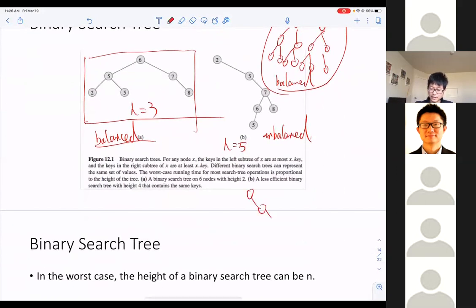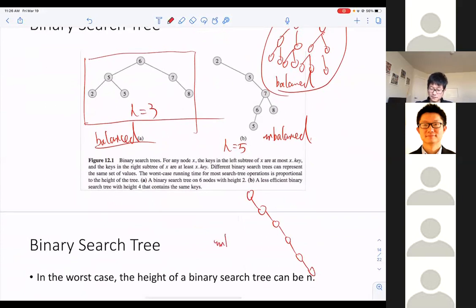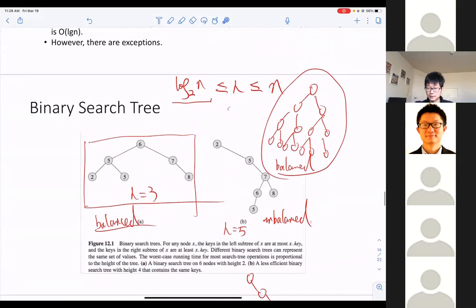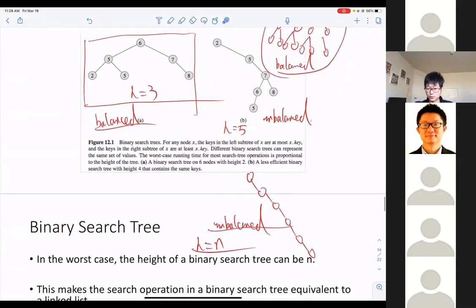Say if we have a tree like this, then we say this is unbalanced. If we have such an unbalanced tree, as unbalanced as this one, we are going to have h equal to n. Okay, got it? Any question with this?